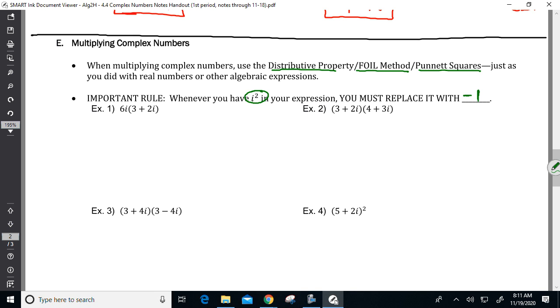So, let's go through 4 examples of multiplying, which again, if you're comfortable with the distributive property and FOIL, are not really that difficult. Example 1 is basic distributive property. 6i times 3, 6i times 2i, 18i plus 12i squared.